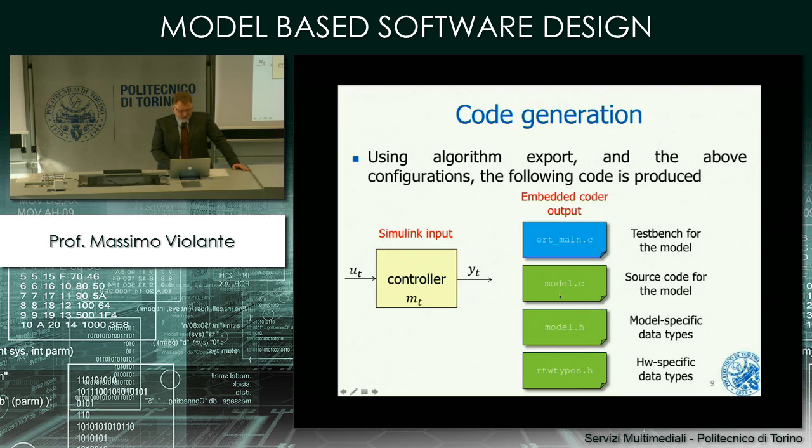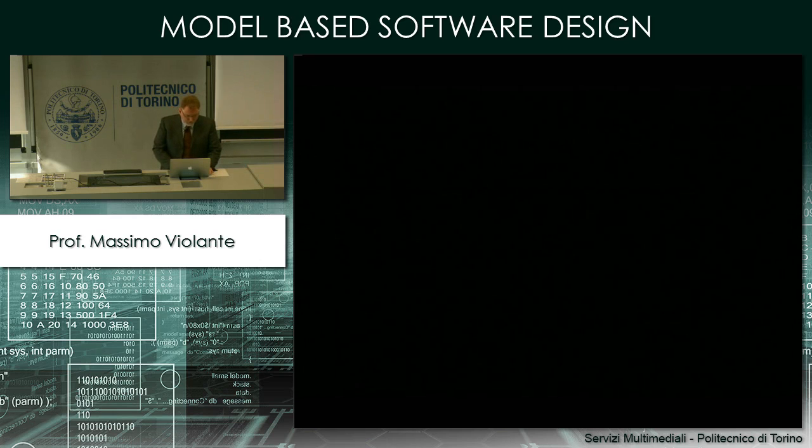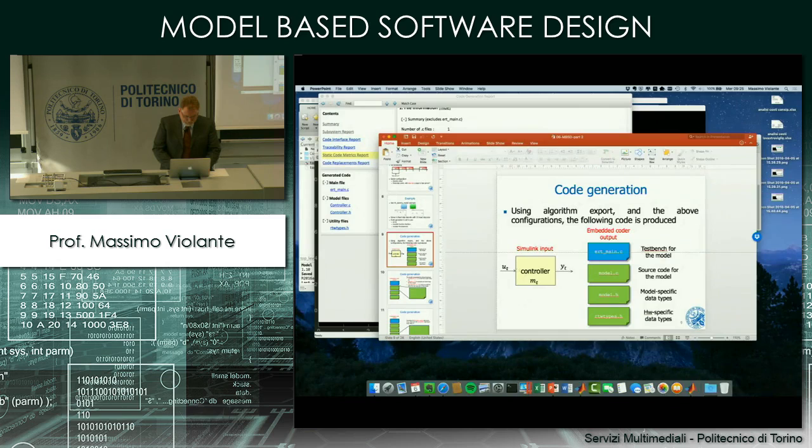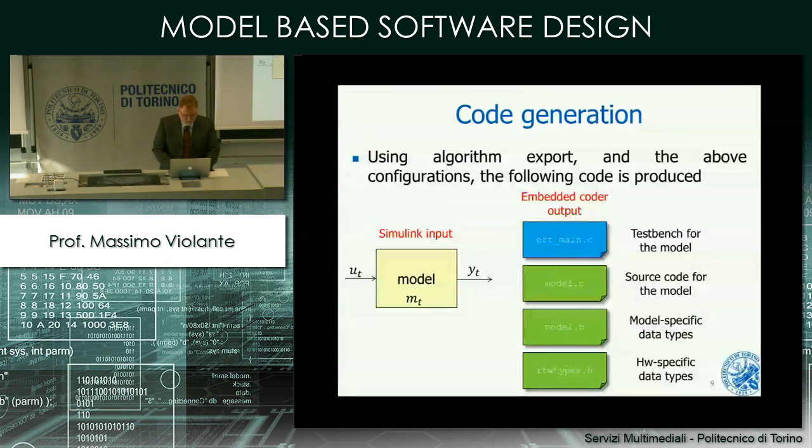Then we have controller.c, controller.h. Let me call this block model, otherwise you can miss something. So let's say that the subsystem is called model. Model is the name of the subsystem in Simulink that we translated into code.